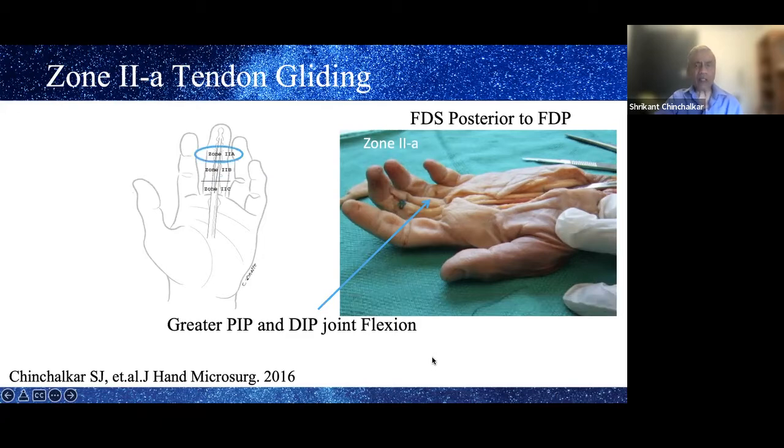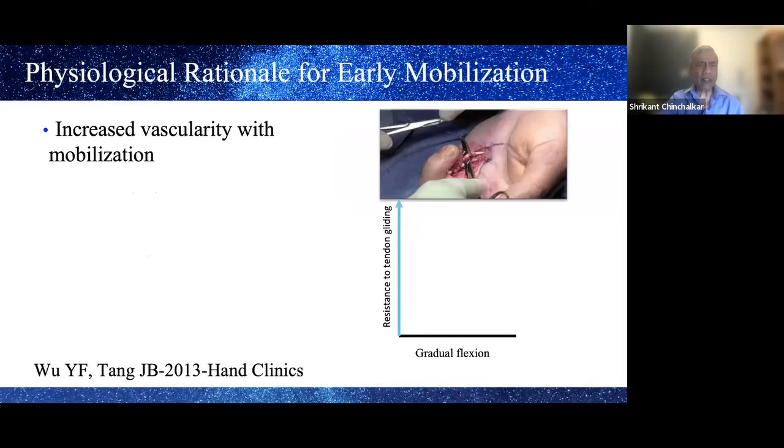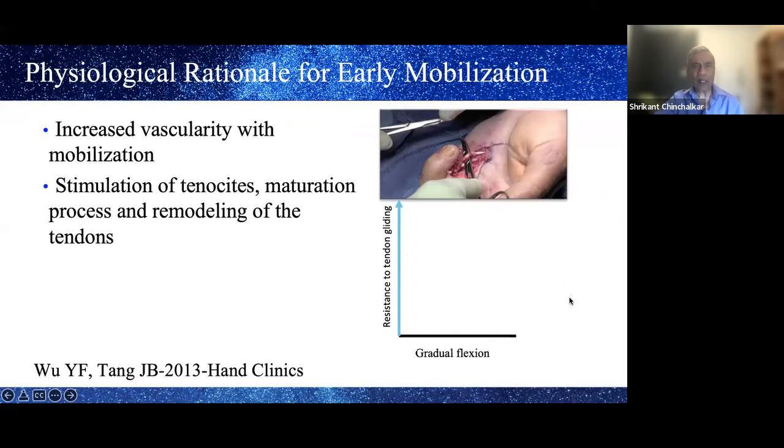So based on that, we needed to modify our treatment programs. What we did is look at the literature review and see what exactly is done by various authors. We came across many papers, and here, of course, this is the classic paper written by Wu and Tang, which showed the physiological reasoning for early controlled mobilization: it helps in increasing tendon vascularity with mobilization.